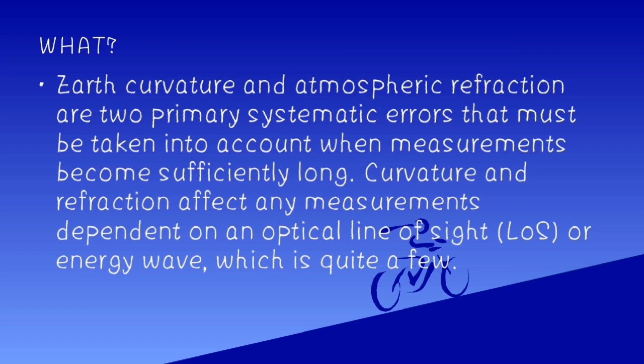Curvature and refraction affect any measurements dependent on an optical line of sight or energy wave, which is quite a few. Due to curvature, the points appear to be lower than they actually are, while due to refraction, they appear to be higher than they actually are.